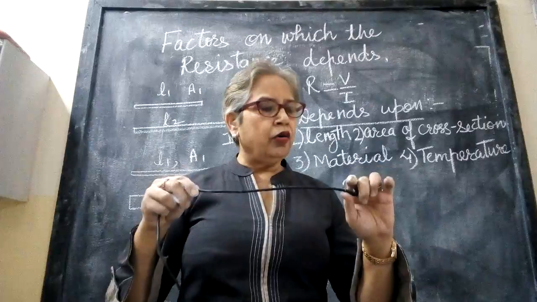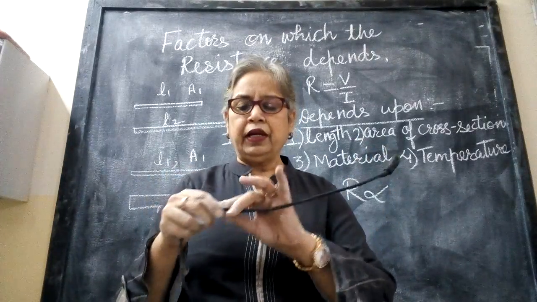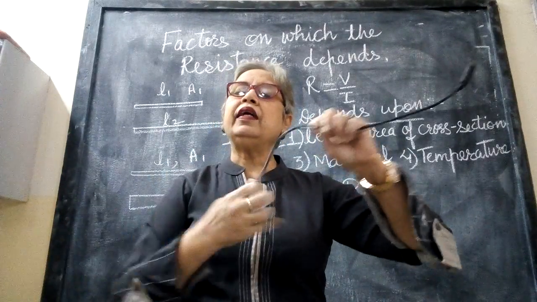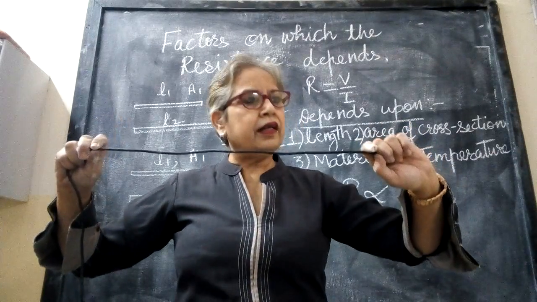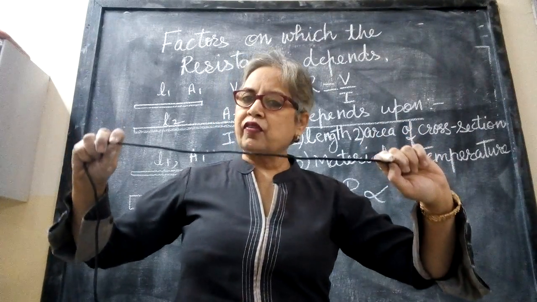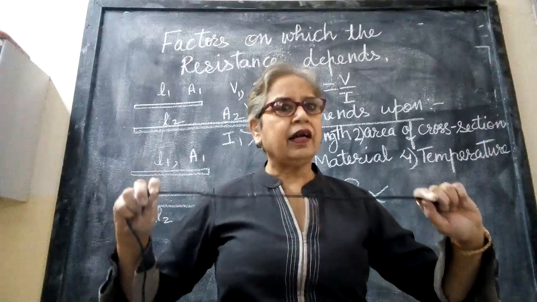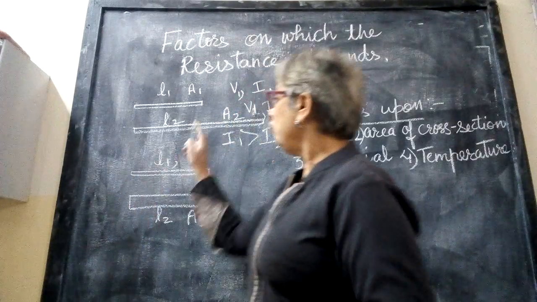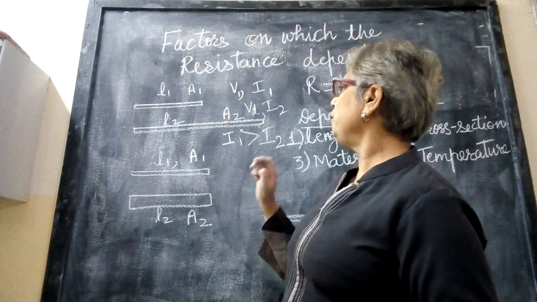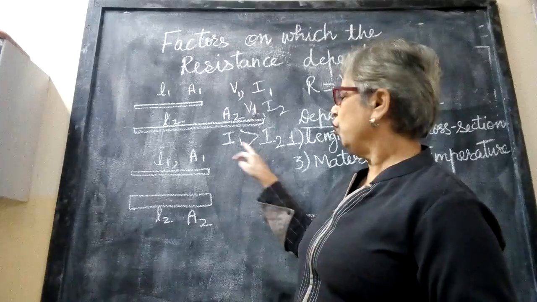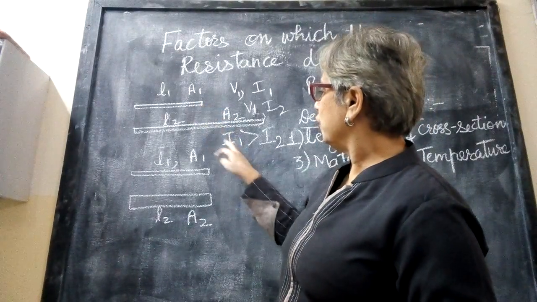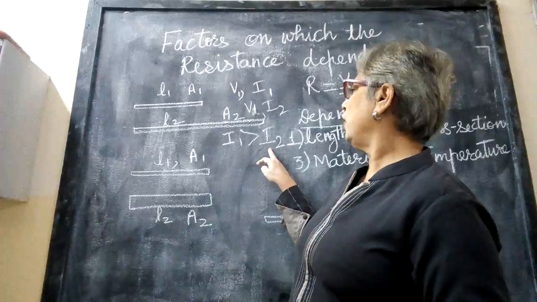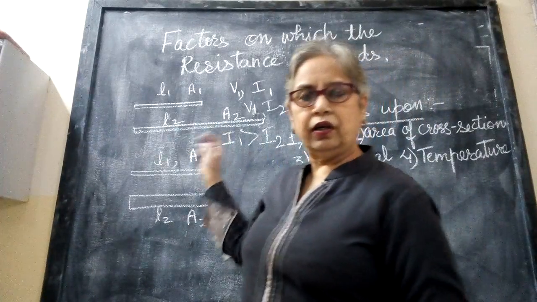Right? Now, what you are going to do is increase the length. But the wire is the same, material is the same, area of cross section is the same, only the length has increased. Now, after the readings of the ammeter, you come to know that the amount of current in this wire was more than in the wire which is longer.